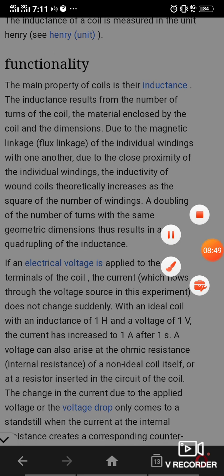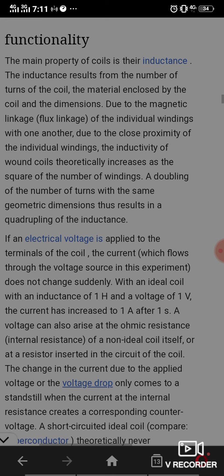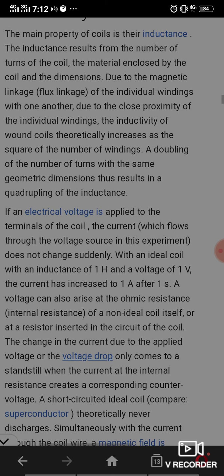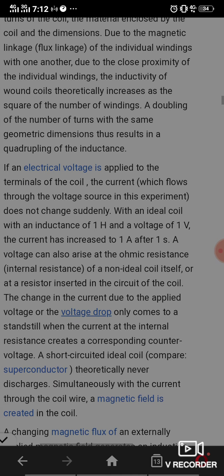A voltage can also drop at the ohmic resistance, another name for which is the internal resistance of a non-ideal coil itself.